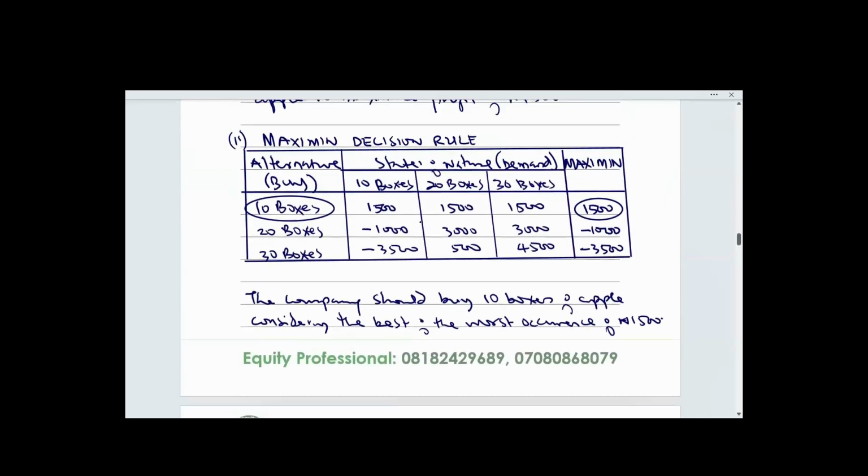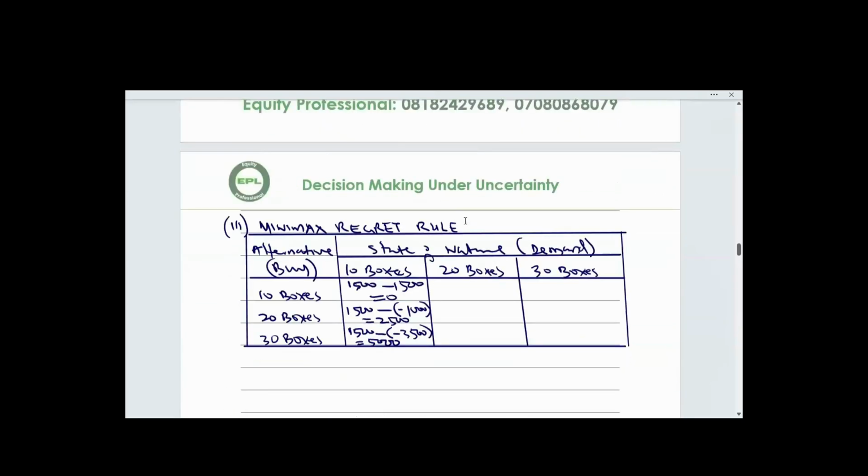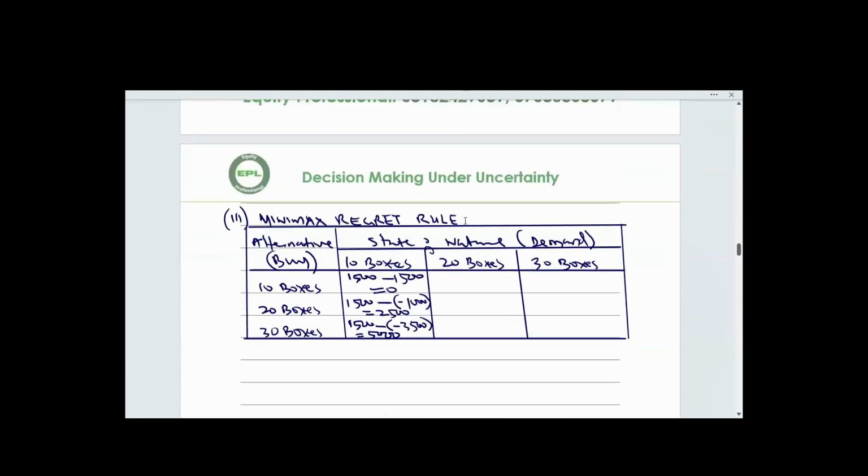3,500. This will give us positive 5,000. Now, in the second column, the highest figure is 3,000. So 3,000 minus 3,000 equal to 0. 3,000 minus 1,500 equals 1,500. Then the last one, 3,000 minus 500 equal to 2,500.